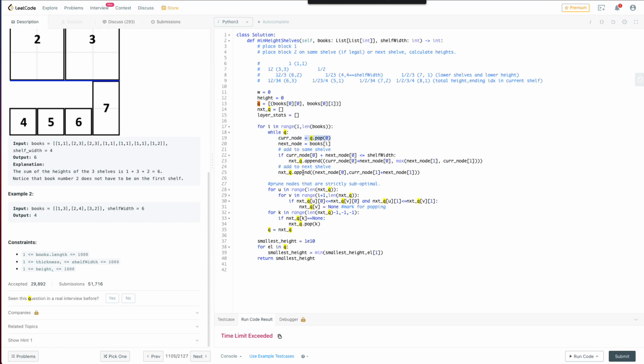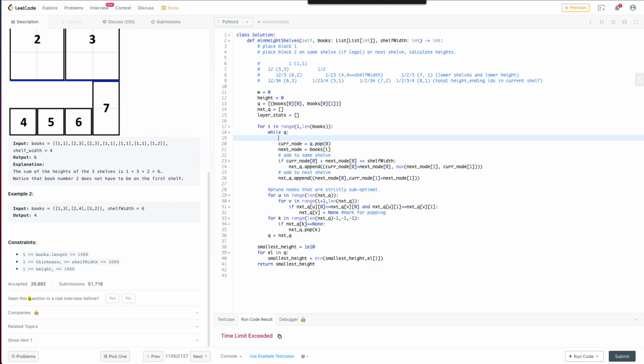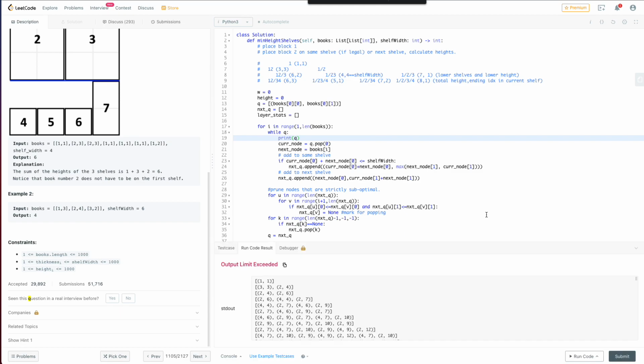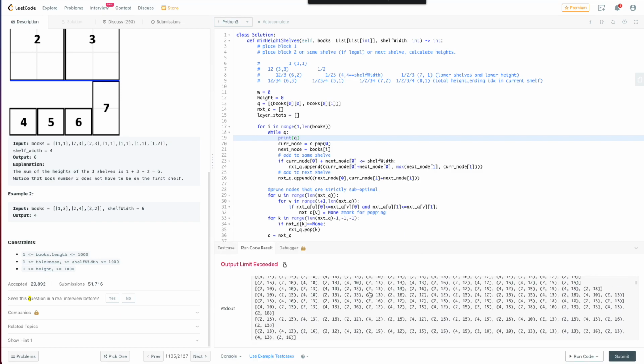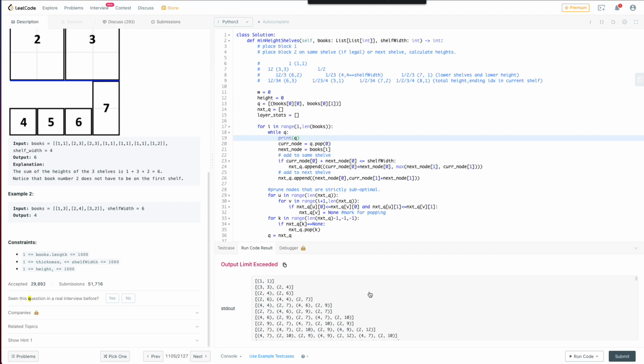I don't really add anything to queue until here, which means I'm going to go to the next iteration. Print queue. Print i comma q, actually.